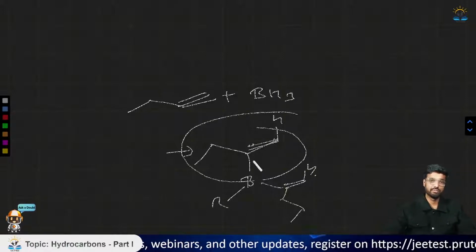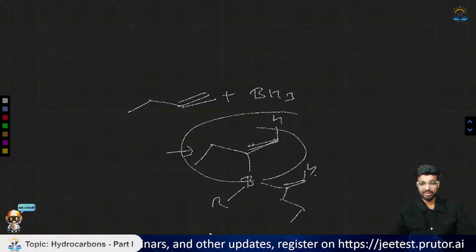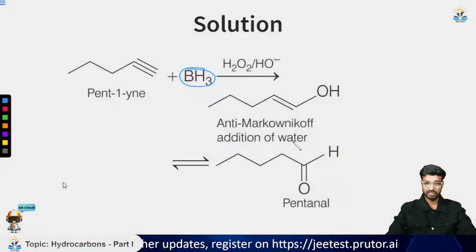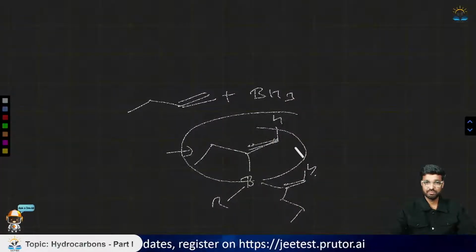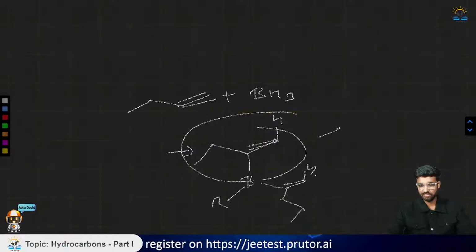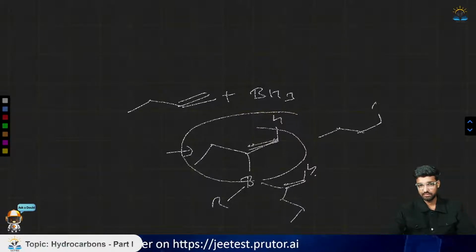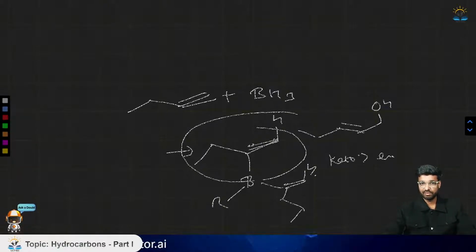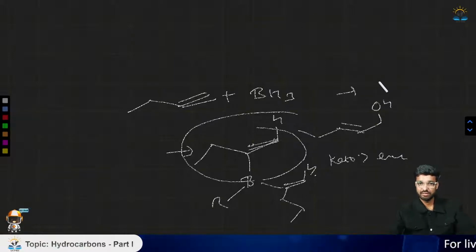Similarly, this one also. Now upon hydrolysis, the OH will come here, or the O will come here in this case, because OH will come at this place. Suppose this is the OH we get here, but since this is not very stable, because we know that the keto form is more stable than the enol form, we'll get this as aldehyde.